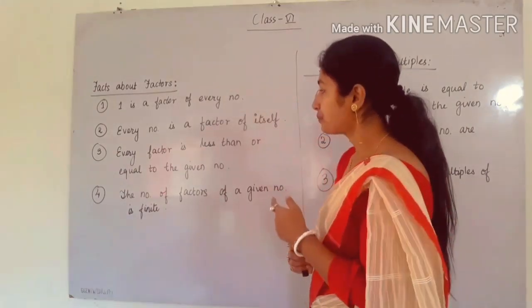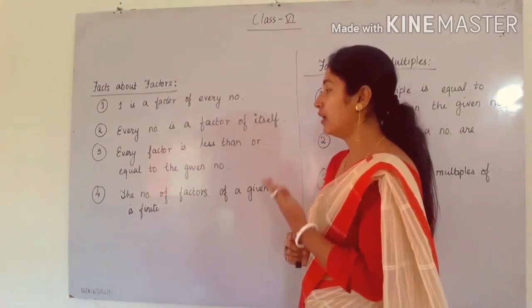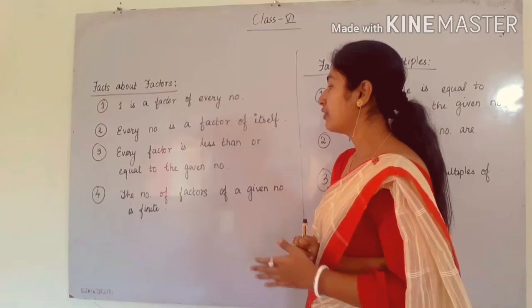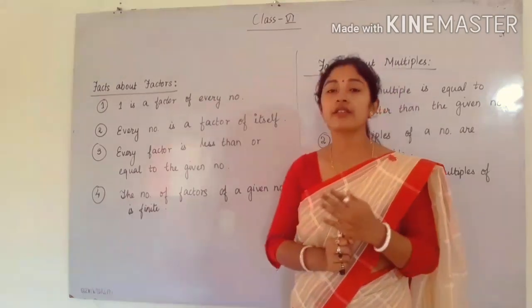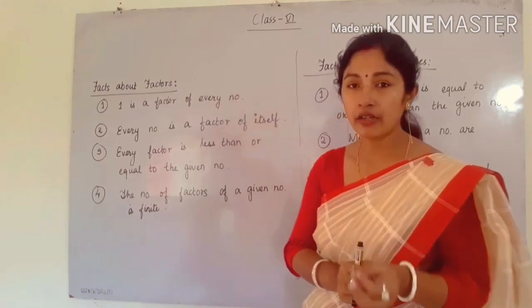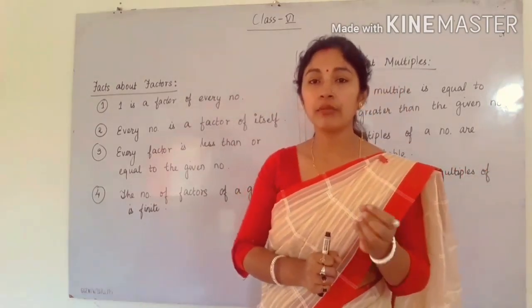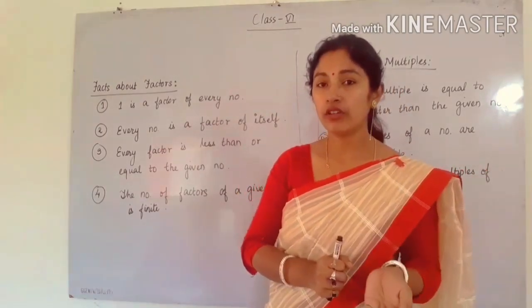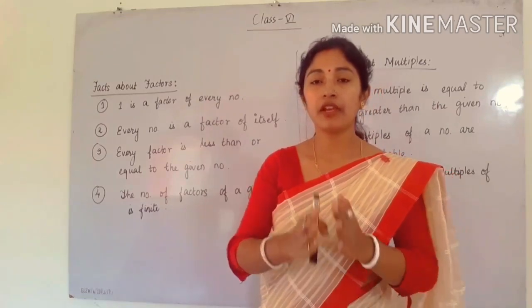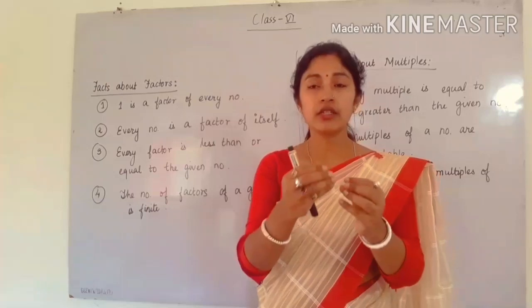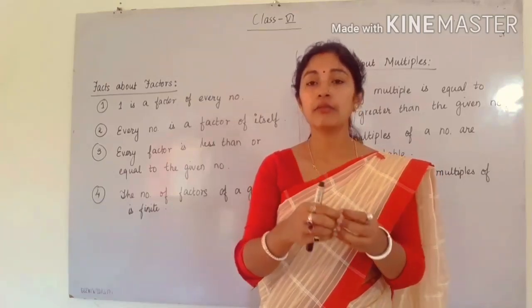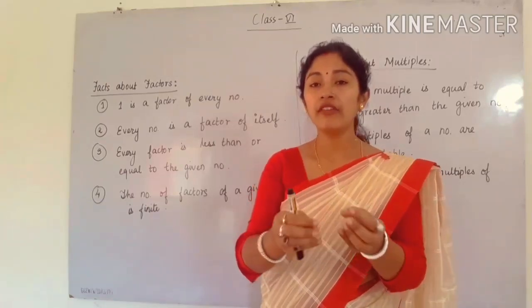Now the third point: every factor is less than or equal to the given number. For example, if I want to find the factorization of 16, then 16 can be broken into many factors.